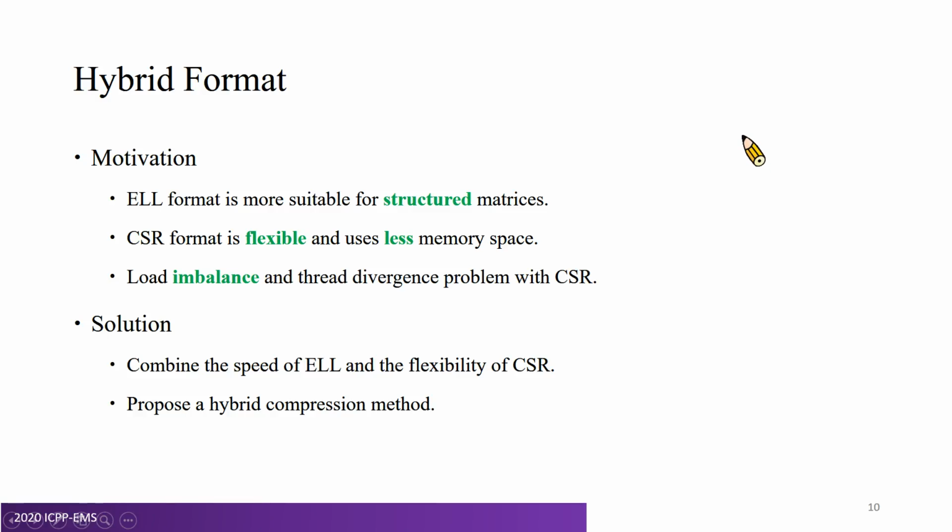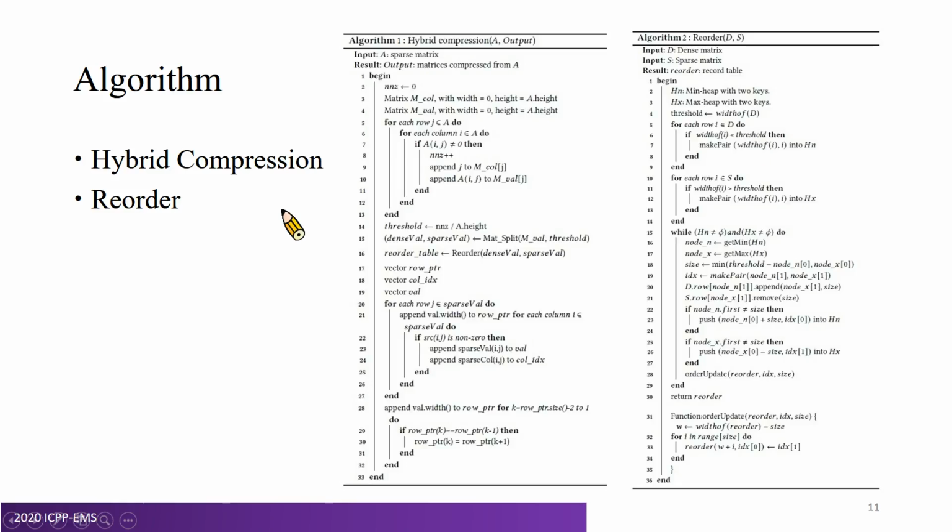We take advantage of ELL and the CSR format, which provide performance and flexibility, to propose a hybrid compression method. The following slides show the algorithm of our hybrid compression method. Then we will use a simple example to demonstrate the algorithm.